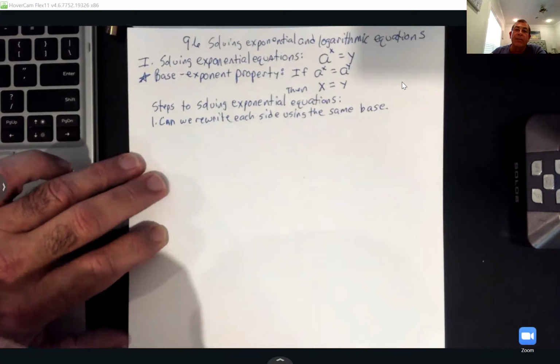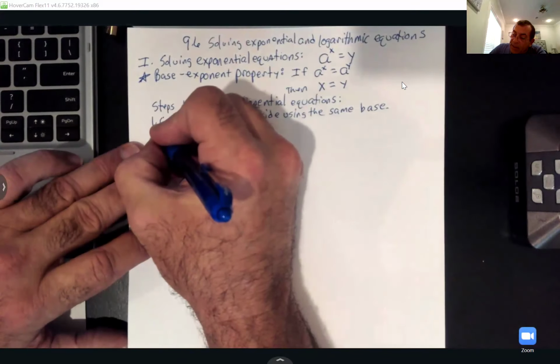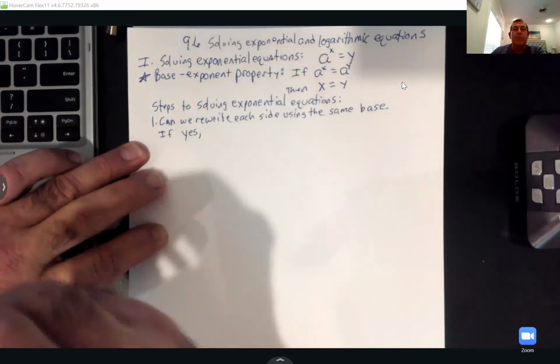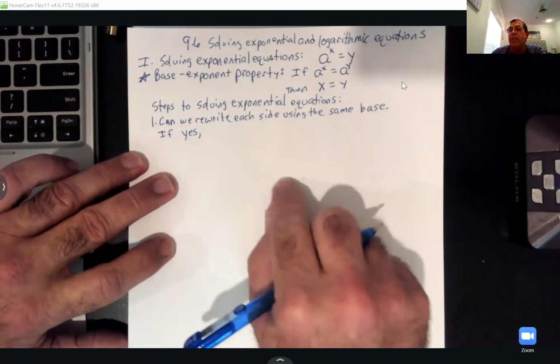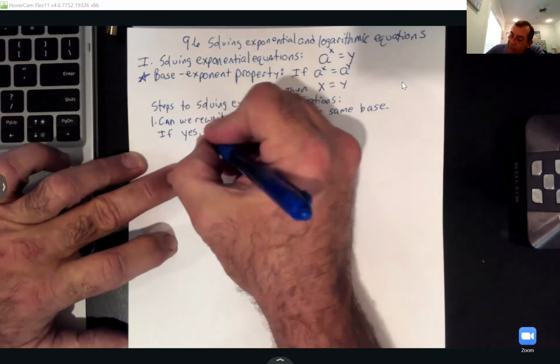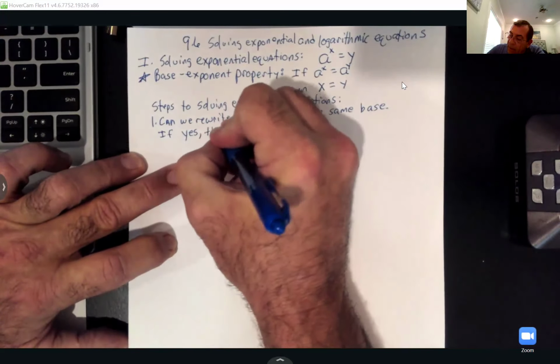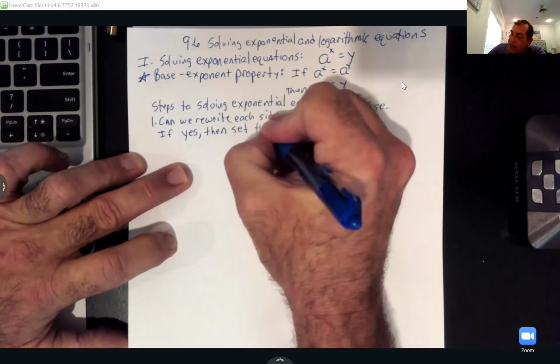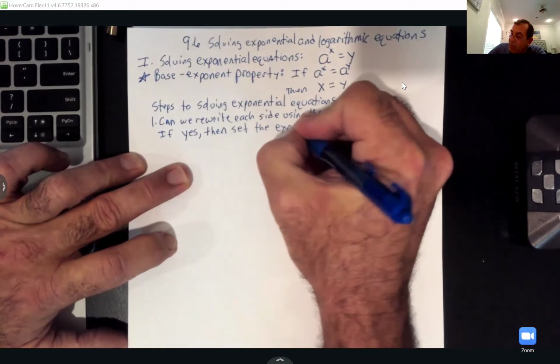That's either yes or no. If yes, so say I can rewrite both sides using the same base, then set the exponents equal.